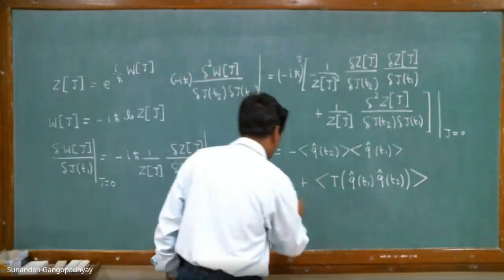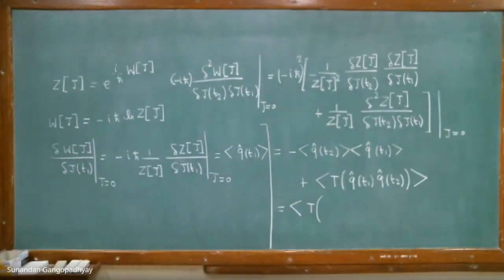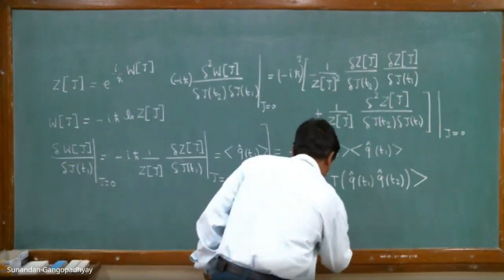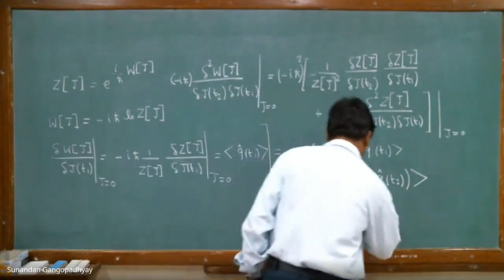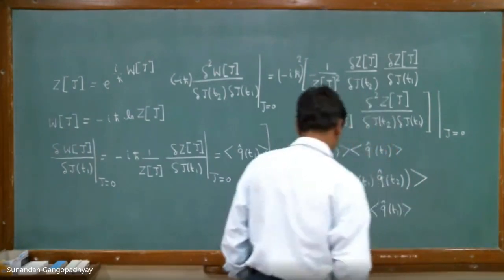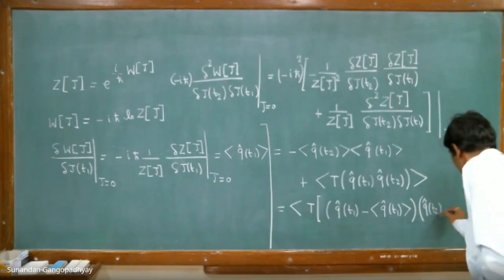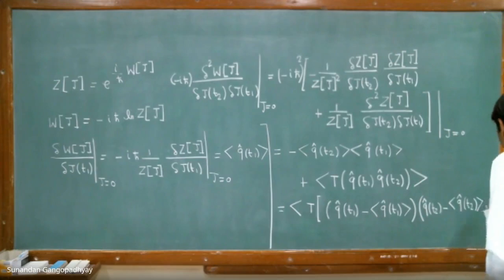And now we can combine these two expressions and write this as the time ordered product of q hat t1 minus this.